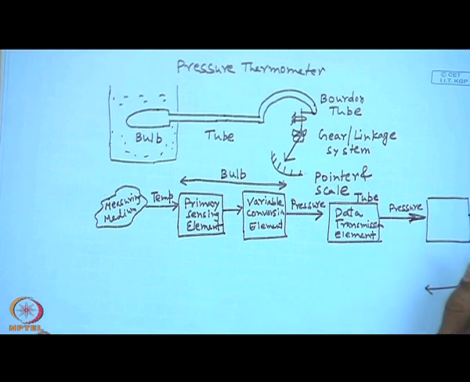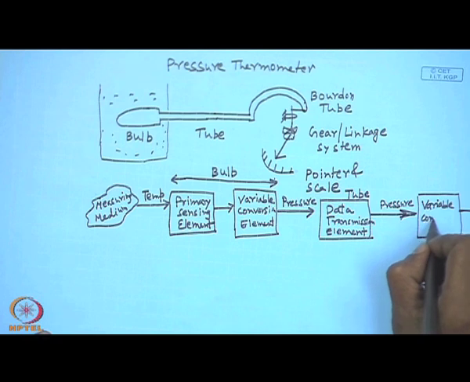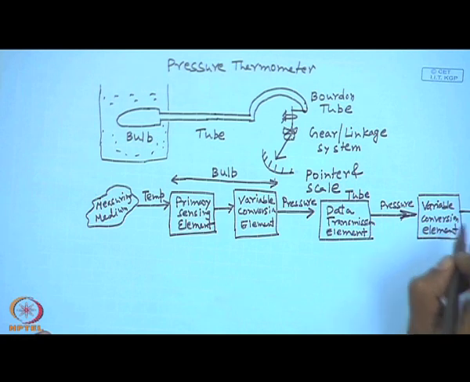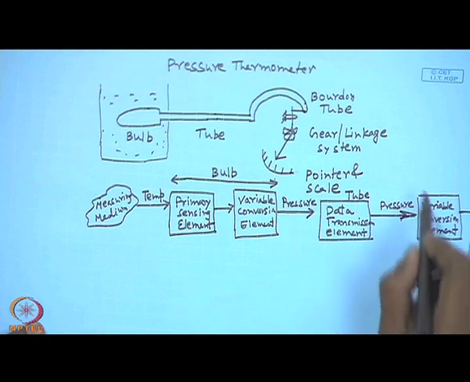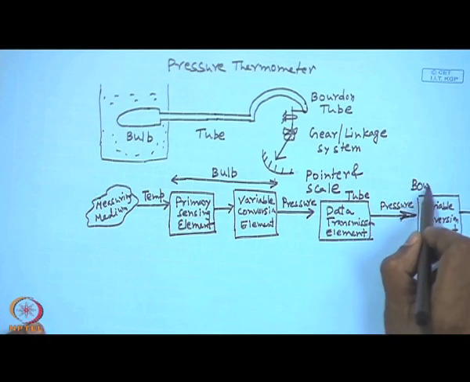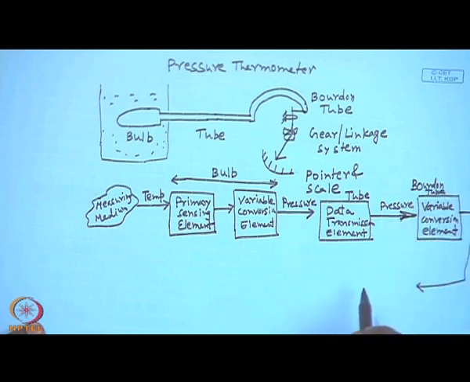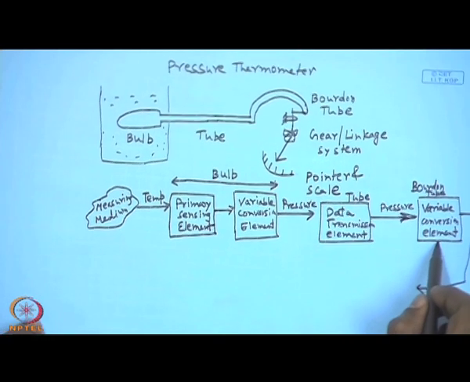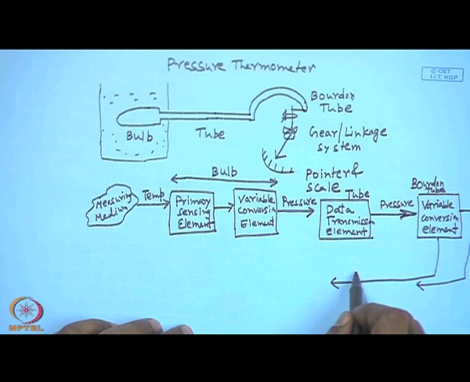So, this is a variable conversion element. So, the Bourdon tube is a variable conversion element. Now, the output of the Bourdon tube is no more a pressure signal, but a displacement or motion signal.